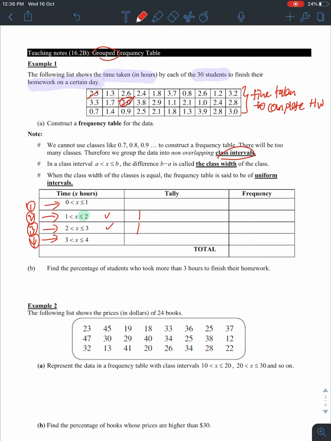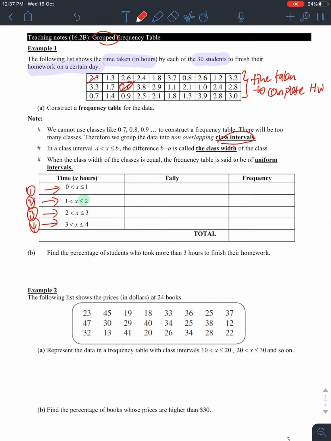I would like you to spend some time to pause this video and fill in this table on your own carefully before you check your answers with me. Okay, so there's a mistake, sorry.